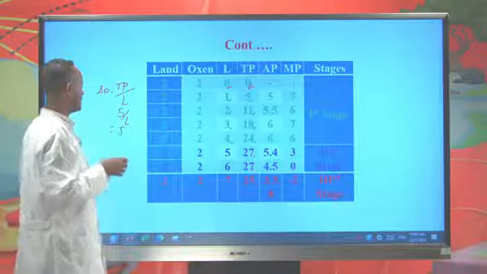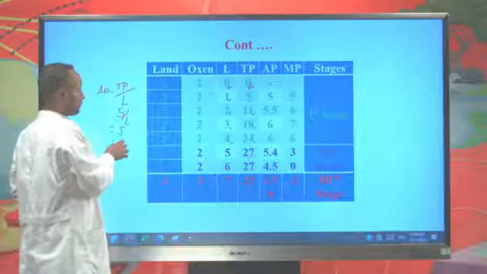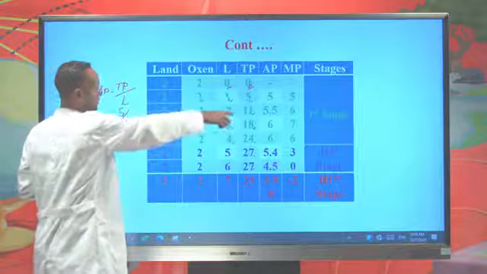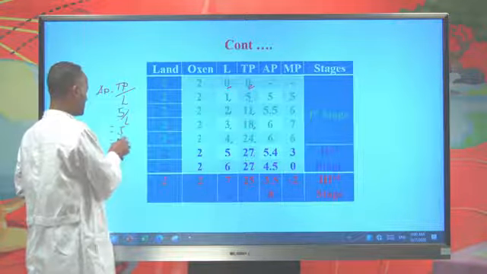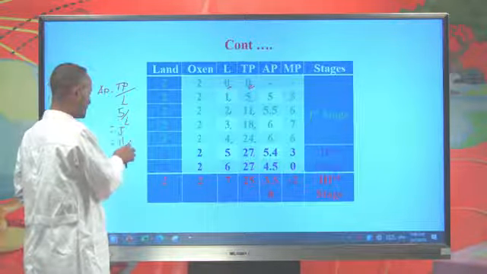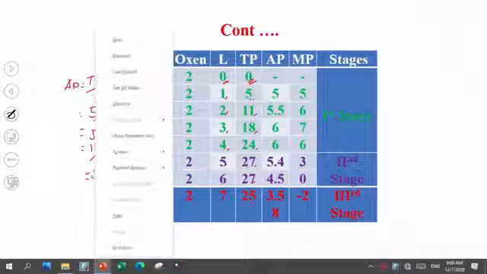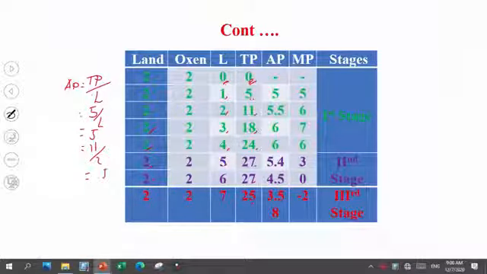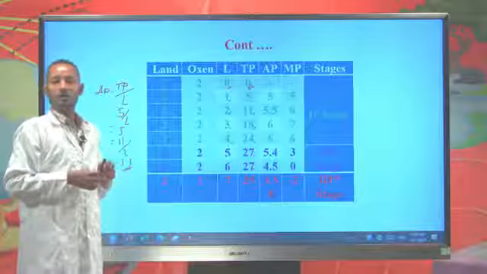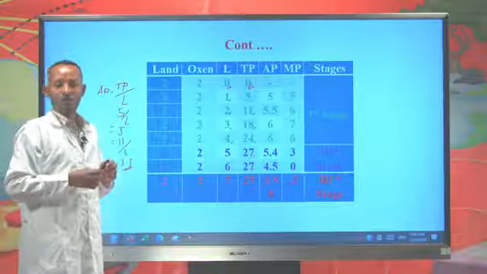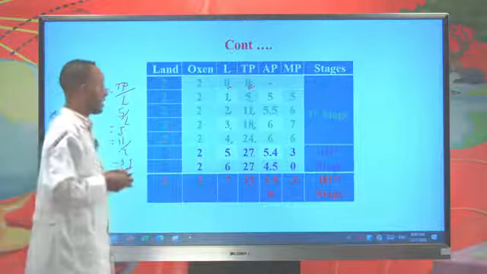When we see the second one, the total product of two labor is 11 quintal. That means it is calculated by dividing 11 by 2, which gives us 5.5. This tells us if two farmers produce 11 quintal, then one farmer is producing 5.5 quintal on average.